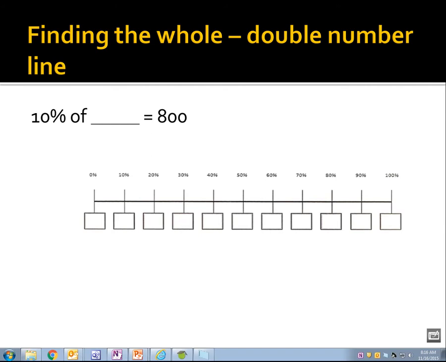So 0%, of course, is going to be 0, right? And if 10% is 800, wouldn't 20% be twice as much as 10%? 1,600, yep.